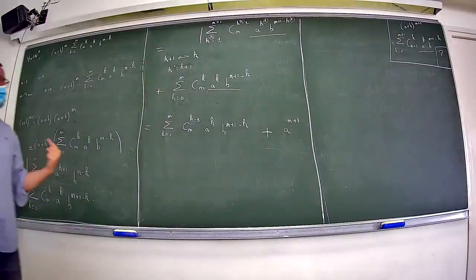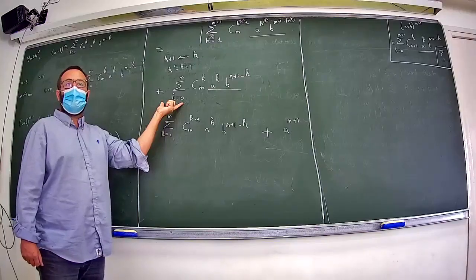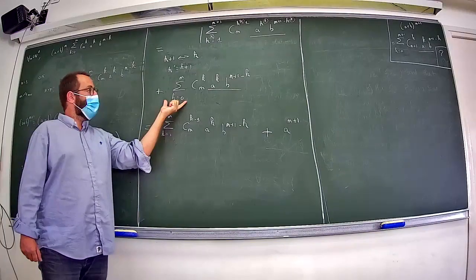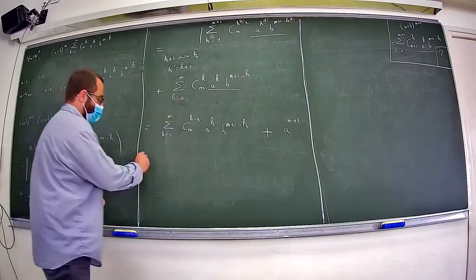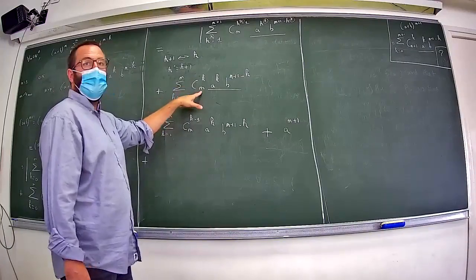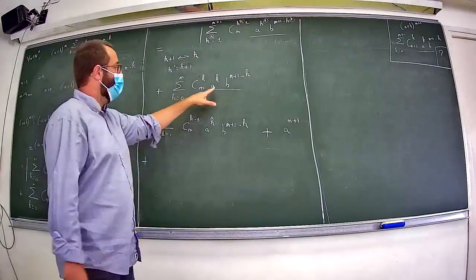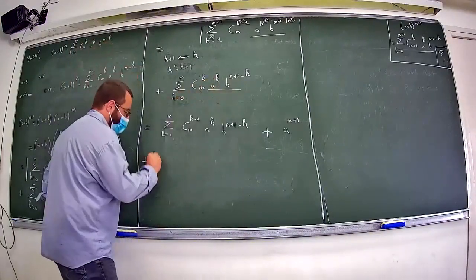I do the same for the second sum. For the second sum, I will make the index appear from 1 to n. But if I do this, I miss the term for k equal to 0. What is this term? For k equal to 0, I have C(n,0), which is equal to 1, a to the power 0, which is 1, and b to the power n plus 1.